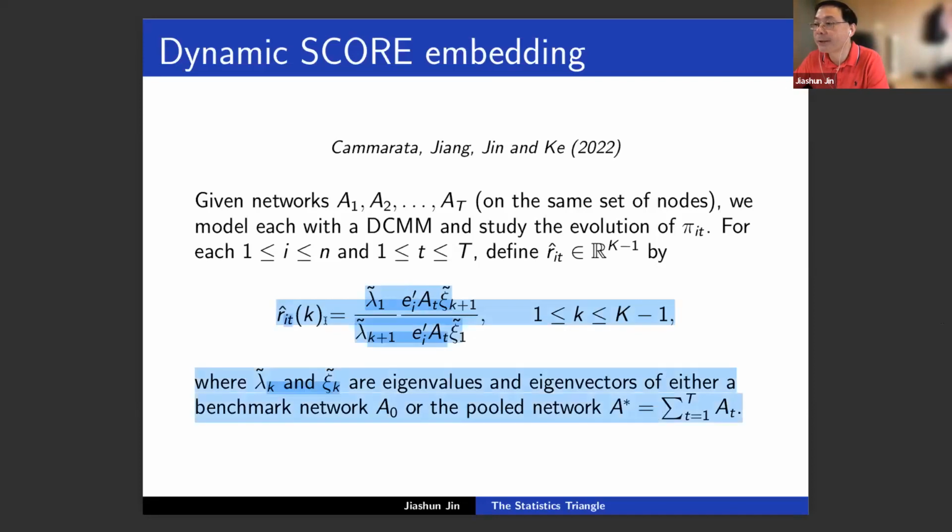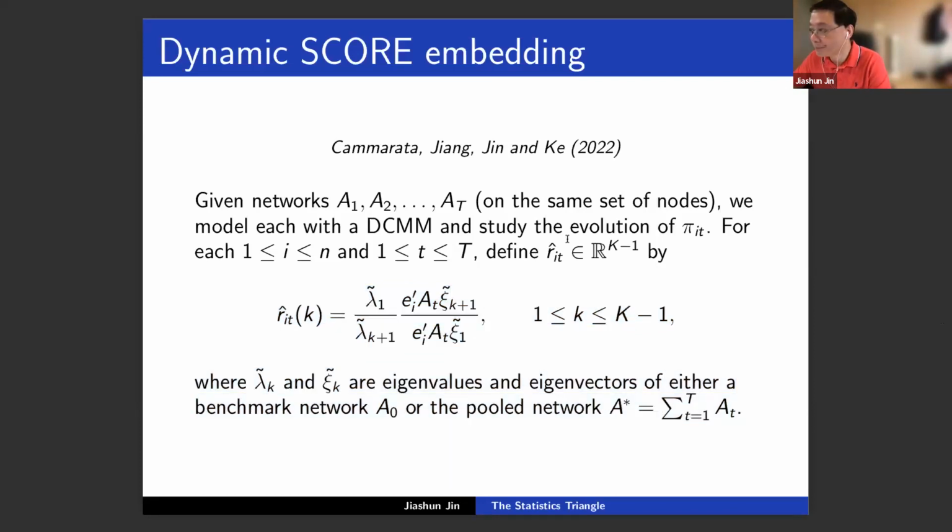So this is the way to align them. For example, at time T, author i, for example i is Jianqing Fan. So this is Jianqing's research interest at time window T. R hat and pi i are closely related. So you align R hat to be almost similar to pi i.